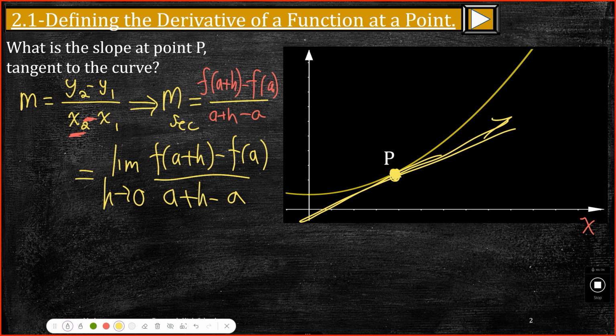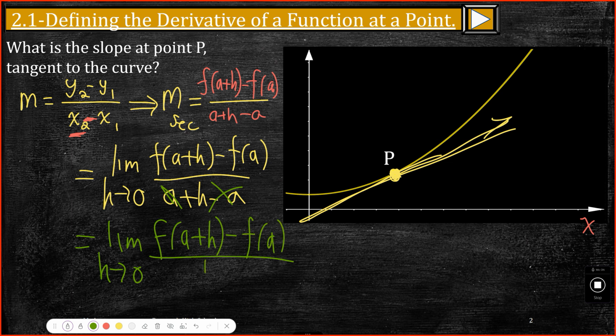So as it is, we're going to cancel this out. The a minus a will cancel out. And then we're going to have that it will equal the limit as h approaches 0 of f of a plus h minus f of a over h. But h cannot be 0.